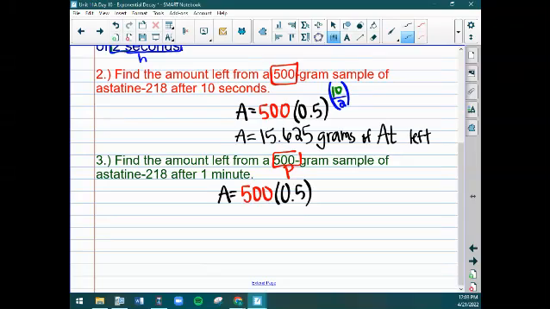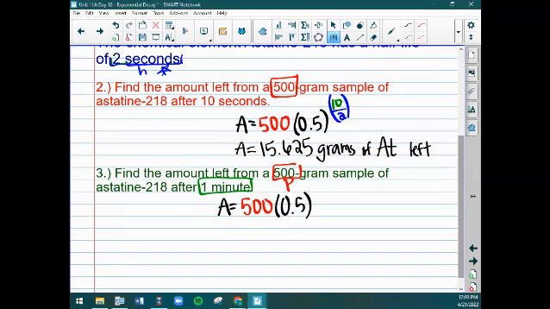But when I think about the T, the time, the units of this time have to match the units of my half-life, okay? So that means I have to convert 1 minute into seconds. So 1 minute, kind of an easy one, hopefully, is 60 seconds. So that means I'm going to do 60 for my T, and then still divided by 2.